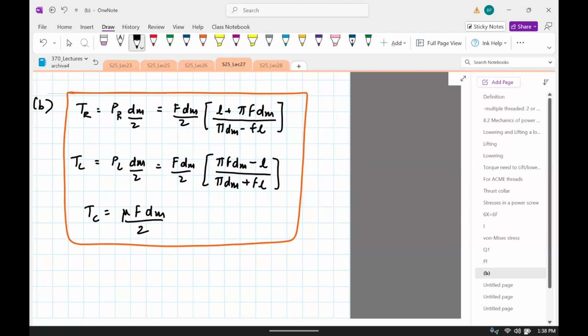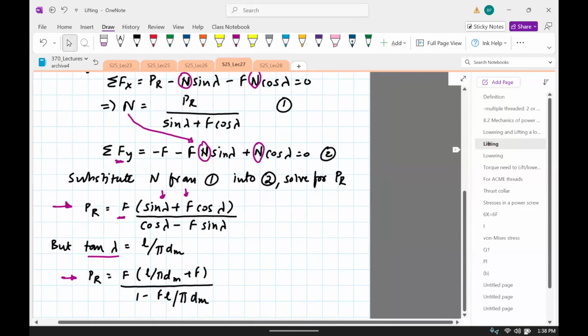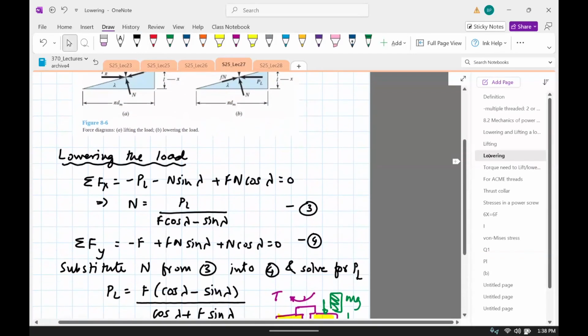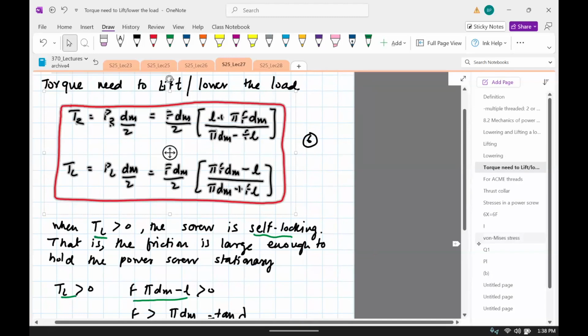TR is lift. This is lower. Maybe I made a mistake. Hold on. I think it's switched. Let me check. Lifting a load, R, yeah, and lowering is TL. I think I'm right.